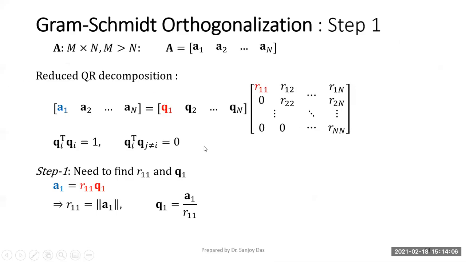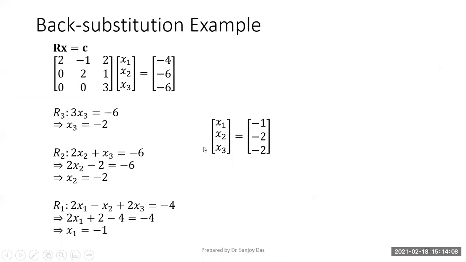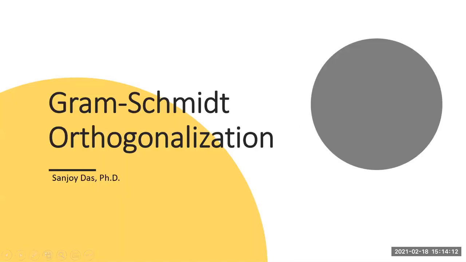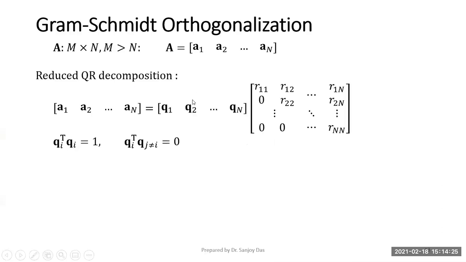Now, what we will look at is one simple algorithm called the Gram-Schmidt orthogonalization algorithm. This algorithm does the reduced QR decomposition. It's a very simple algorithm.